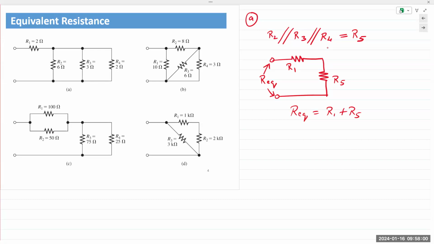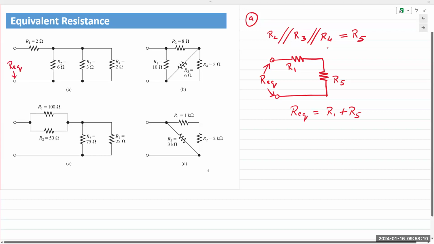So again, you start at the opposite end from where you're measuring. If you're measuring Req at these terminals, you start at the farthest end and you reduce the circuit towards your measurement terminals.